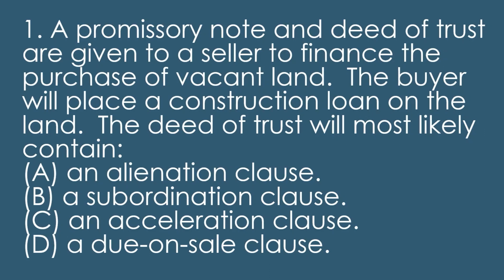What will that deed of trust most likely contain? Well, we have to think about what we know about deed of trust, what clauses are in those deed of trusts. Well, yes, we do have acceleration clauses, and within that, the alienation due on sale. Those are in deed of trusts. But in this particular question, what are they actually really wanting to know regarding the specifics of this question?